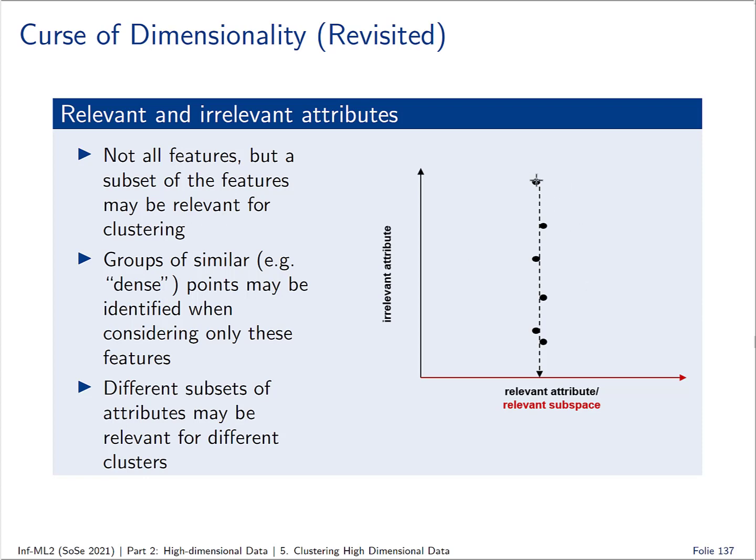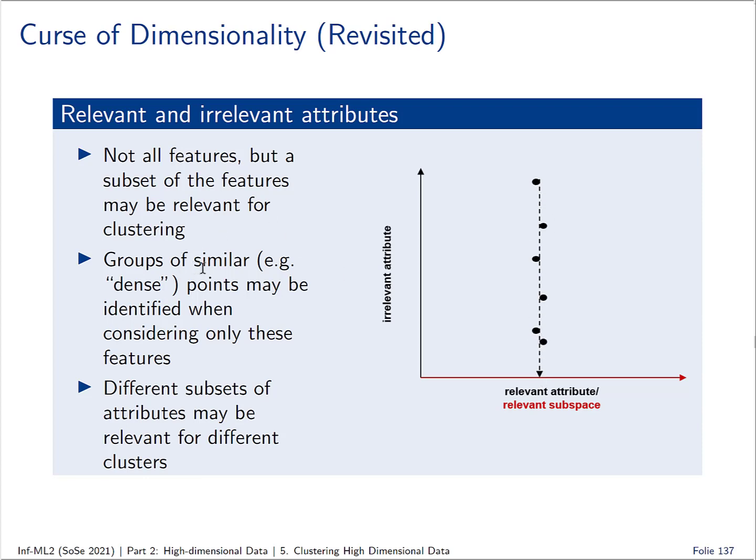For this cluster of these points here, which is probably not a cluster in the two-dimensional space, but if we project all those points on this subspace here, which is the relevant attribute, the relevant subspace, then we'll see that they are all extremely similar. So if we just look at this relevant subspace, this may be a clear cluster.